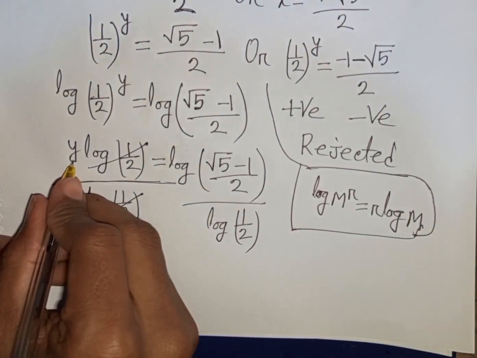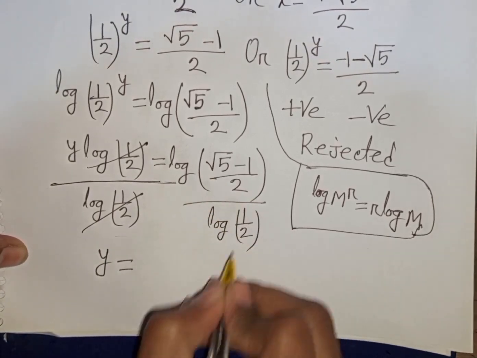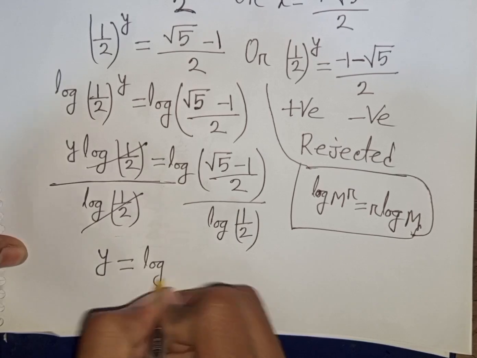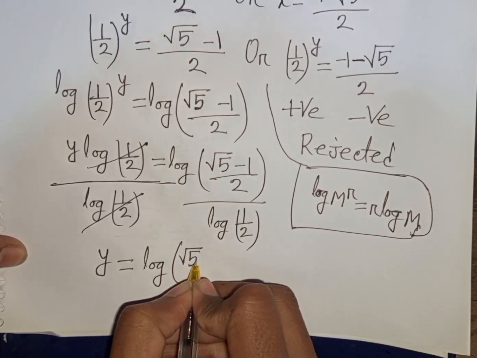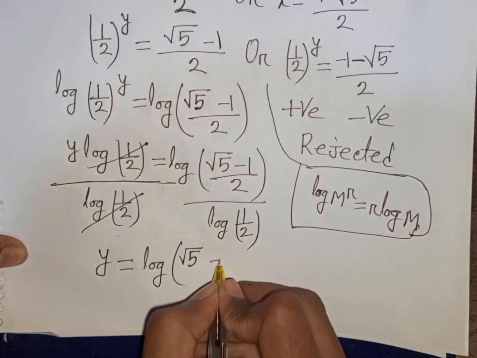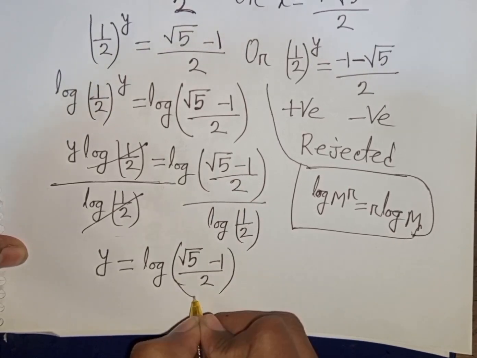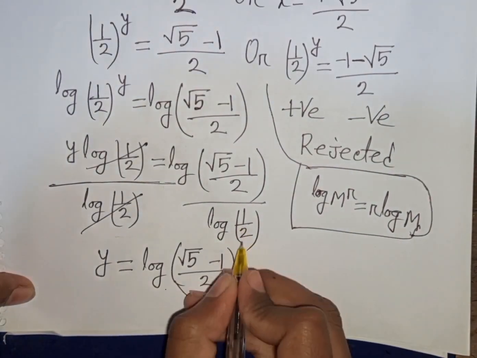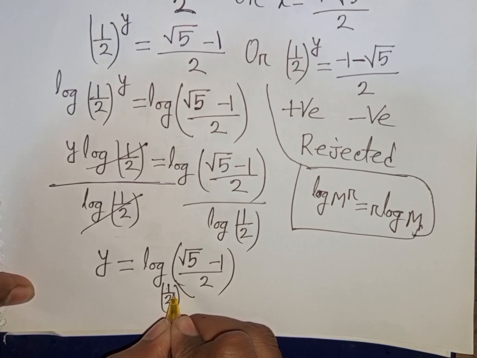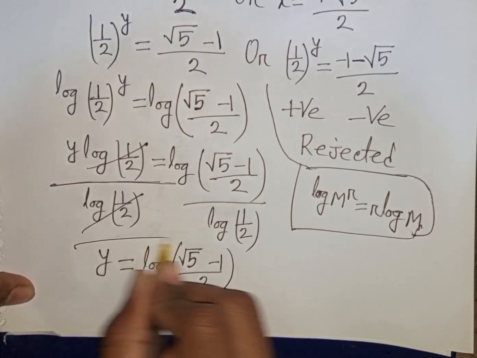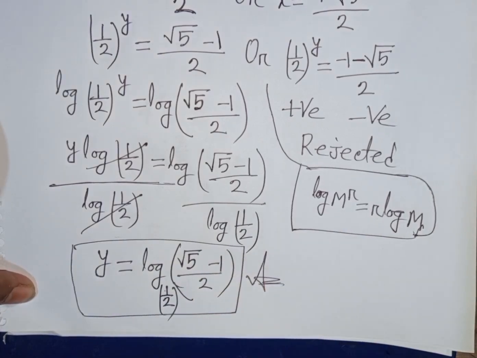So here y will be equal to this divided by this, that means it will be log of (square root of 5 minus 1) over 2, with base 1 by 2. So this is the value of y, so this is our final answer.